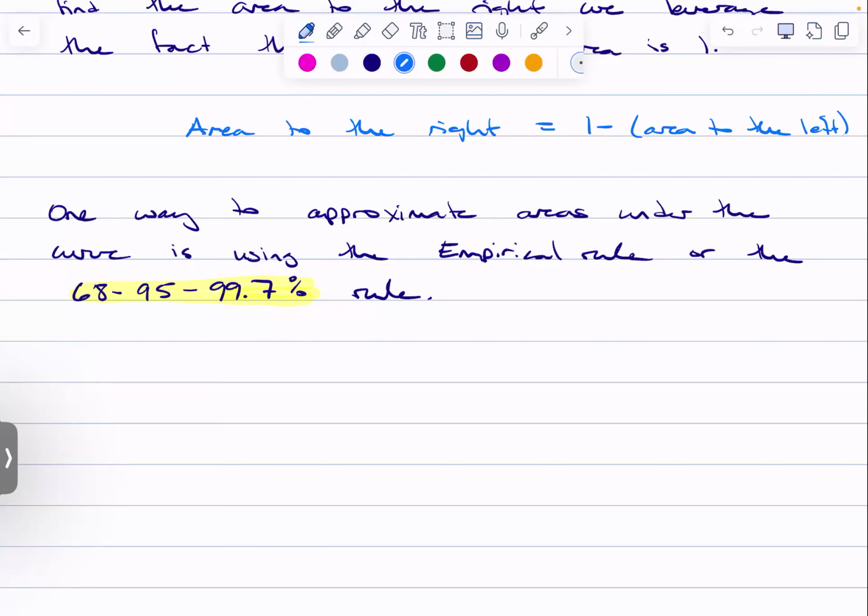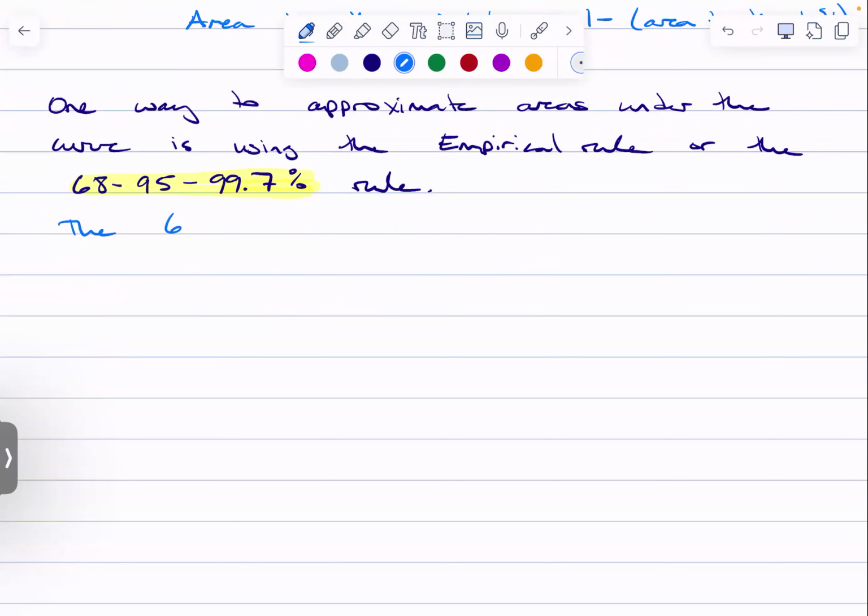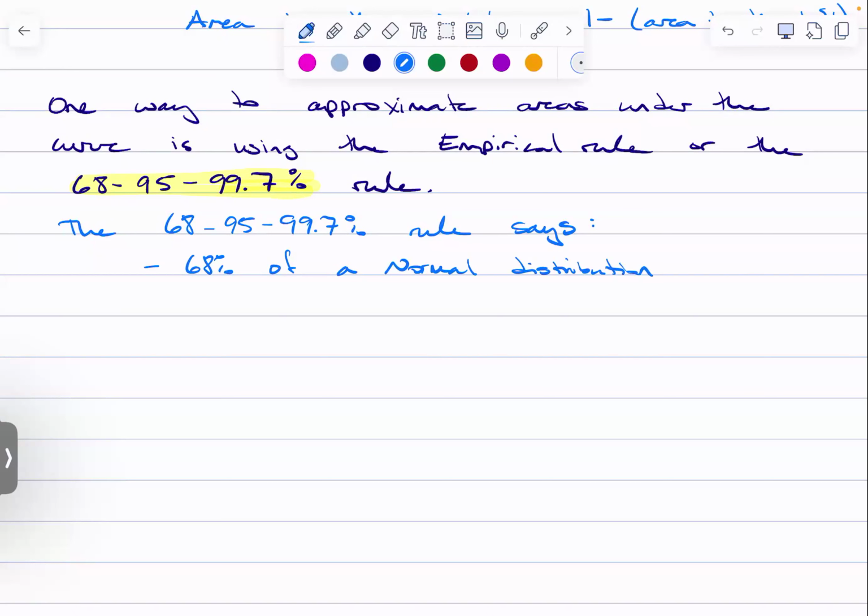So the 68, 95, 99.7% rule says 68% of the normal distribution is captured.